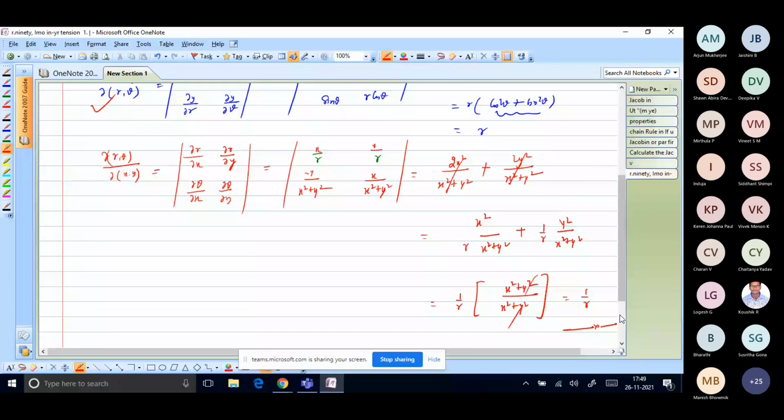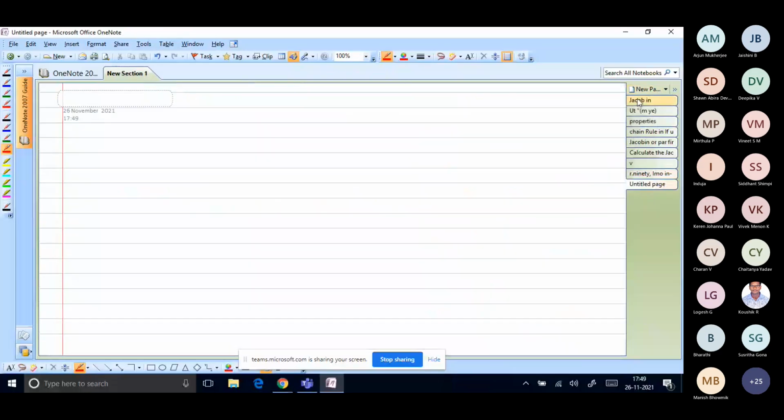Let us solve some more problems based on this. See, my question is, if u1 is x2 x3 upon x1, similarly u2 is x3 x1 upon x2, and u3, for x3 I will write at the bottom, x1 x2.